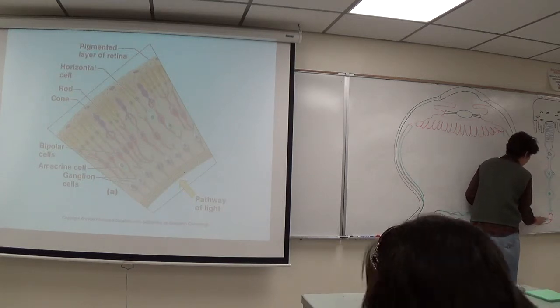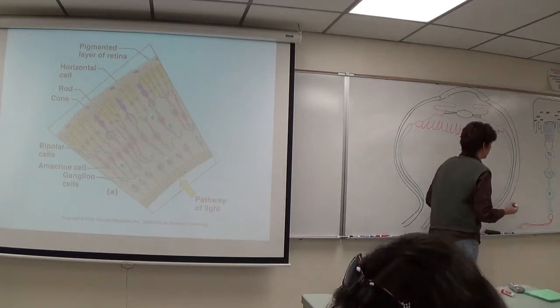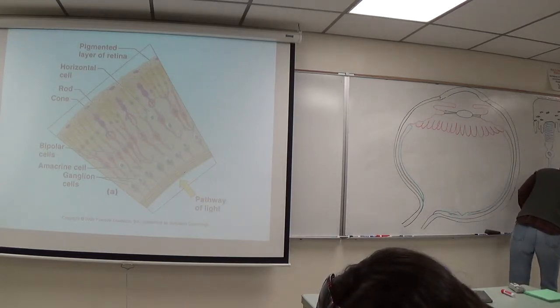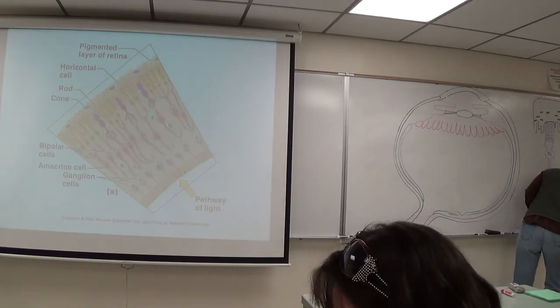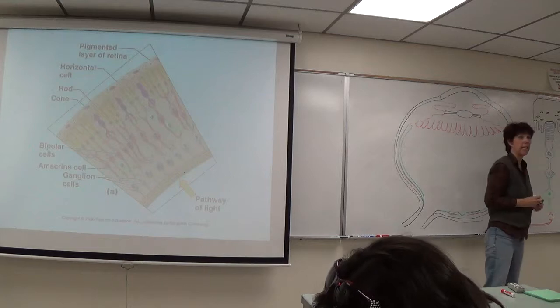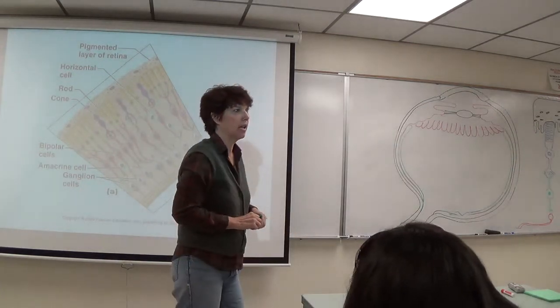And their axons are actually what form the optic nerve. And those are what end up forming the optic nerve, the optic tract, and end up in the thalamus.